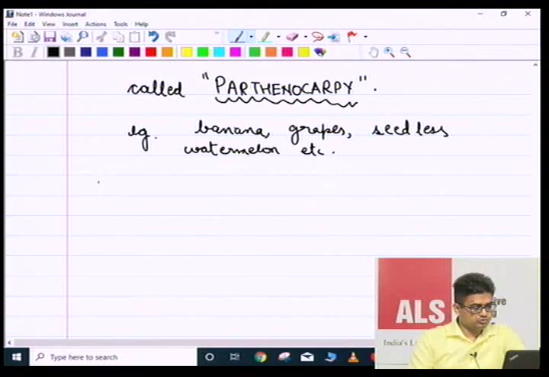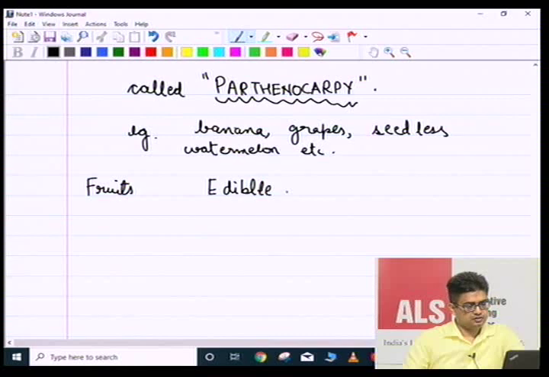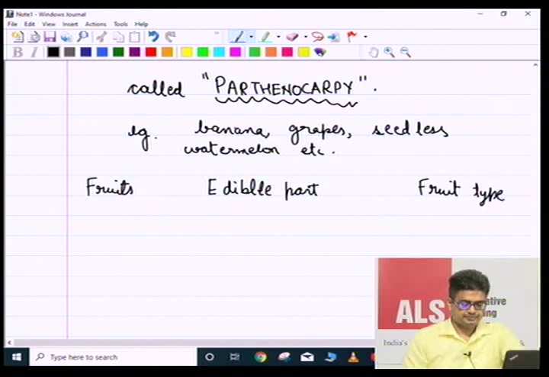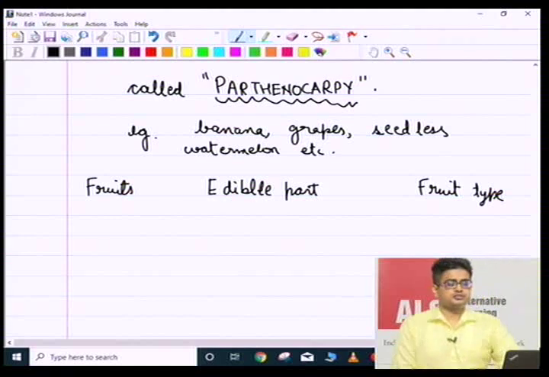Moving on, look, I will have to give you a lot of examples related to this. We have to do something like this: some common fruits, their edible part, and fruit type. We have to do some exercises like this. Now please try to understand this.